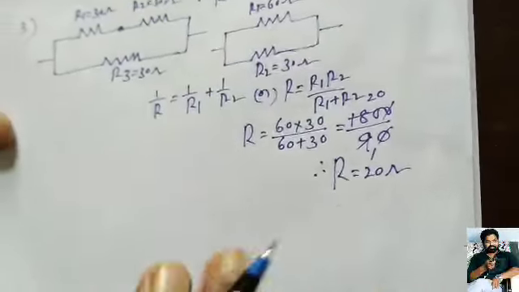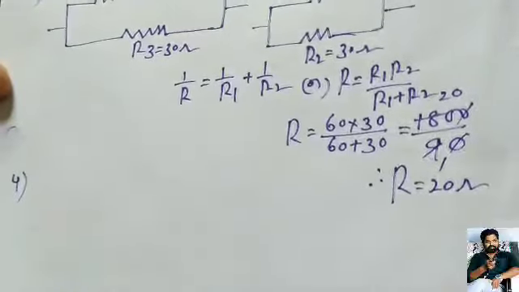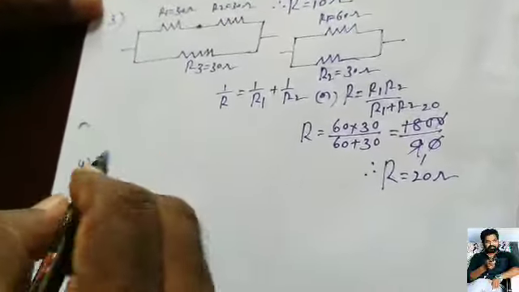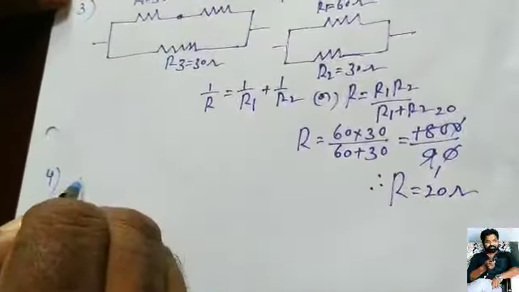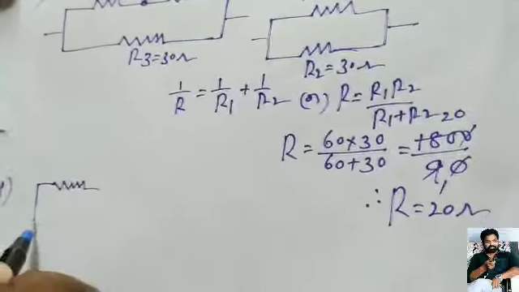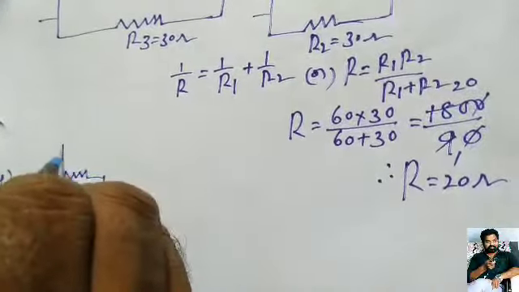Next one, fourth case. Out of three resistors, two resistors are connected parallel with each other and the third resistor is in series to them. See here, these are the two resistors.